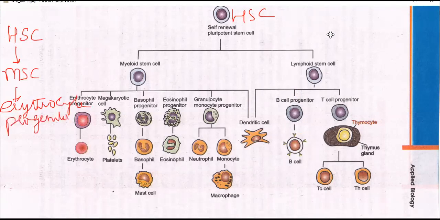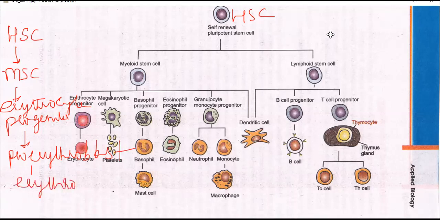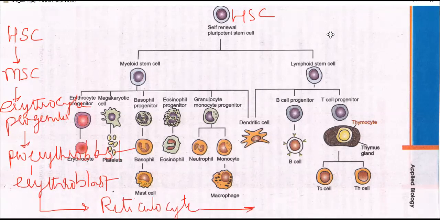This erythrocyte progenitor forms the pro-erythroblast cell. The pro-erythroblast cell develops into the erythroblast cell. The erythroblast cell develops into the immature RBC we call reticulocyte. The reticulocyte forms the RBC. This is the full sequence actually.